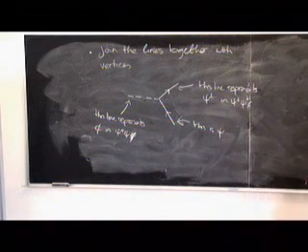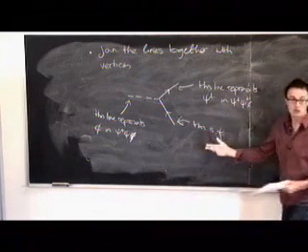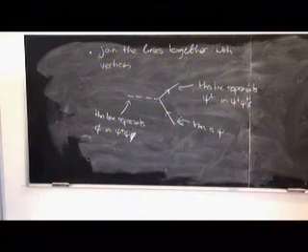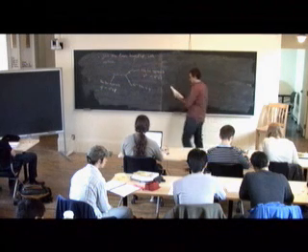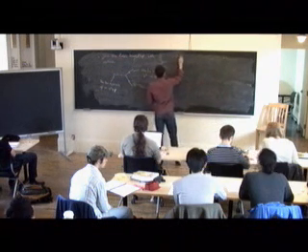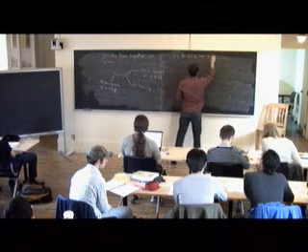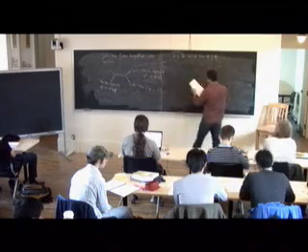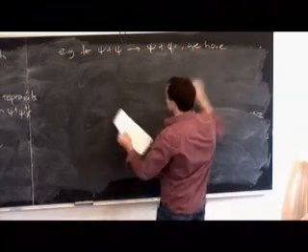So let me just give you some examples. These are the rules for drawing the picture, and then I'm going to give you the rules for associating to each picture a mathematical formula. So the 2 psi particles go into 2 psi particles.